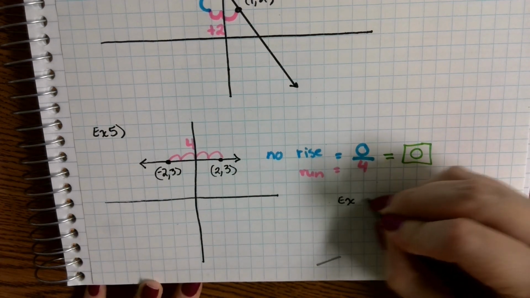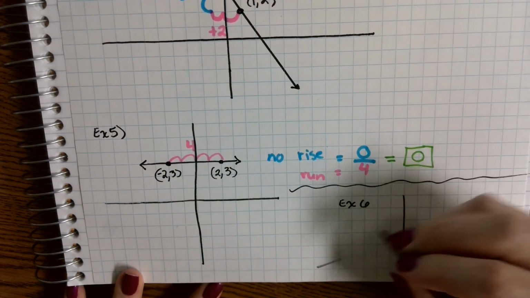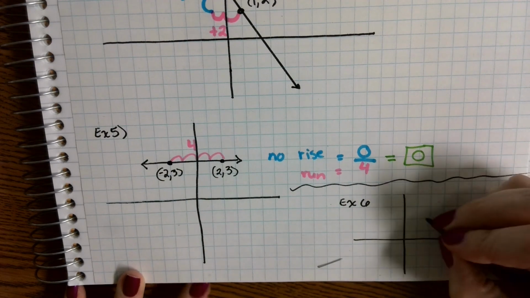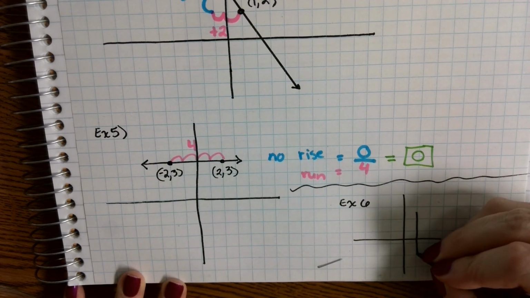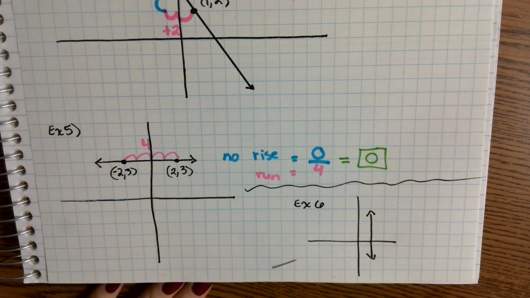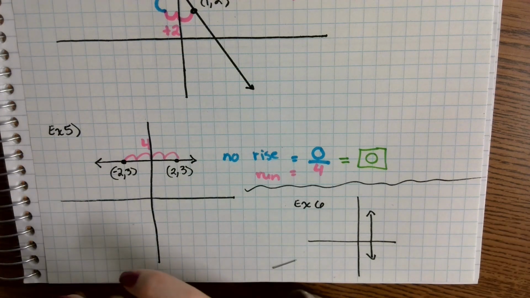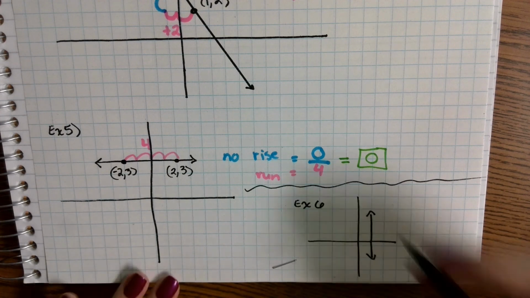All right, example number 6. Same, similar type of concept. The vertical line is what kind of slope? Undefined. Vertical line has an undefined slope. Again, I could pick any 2 points I want.